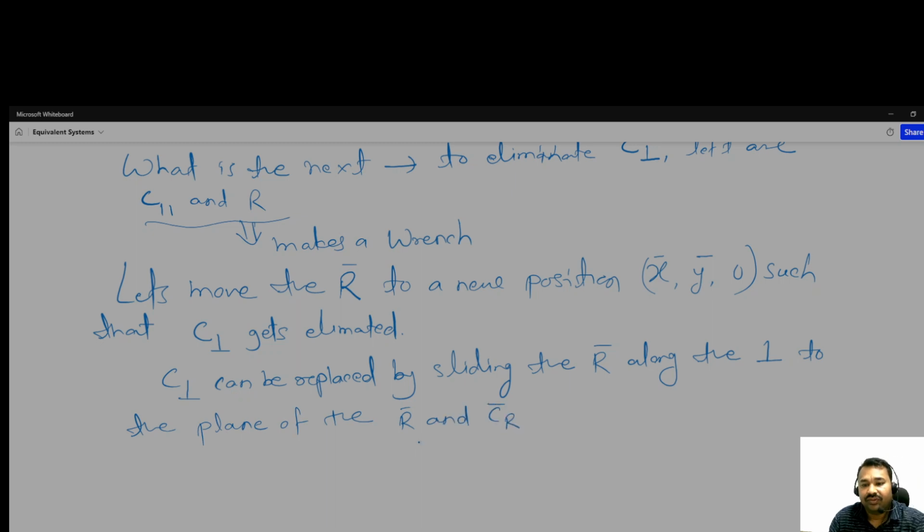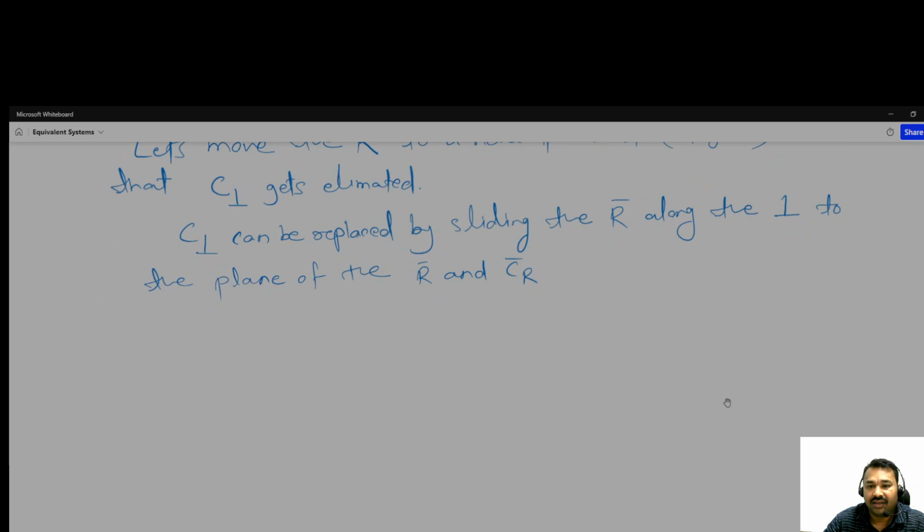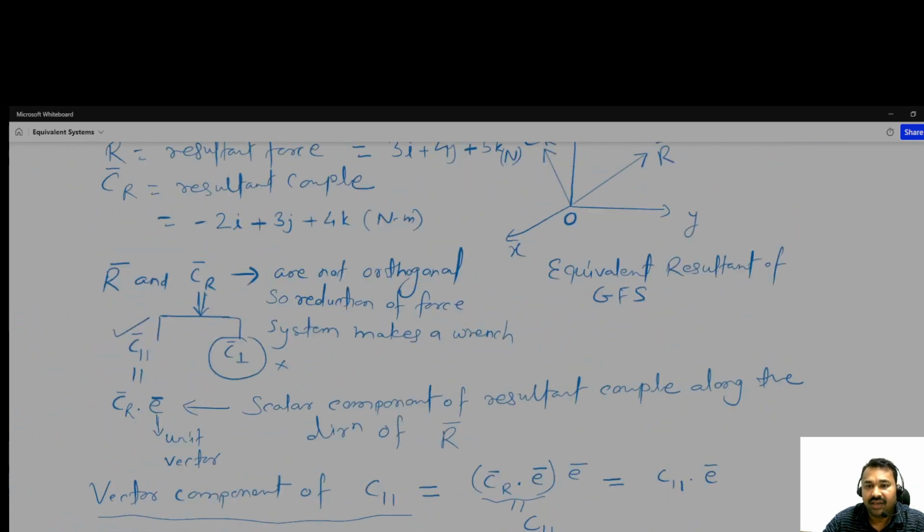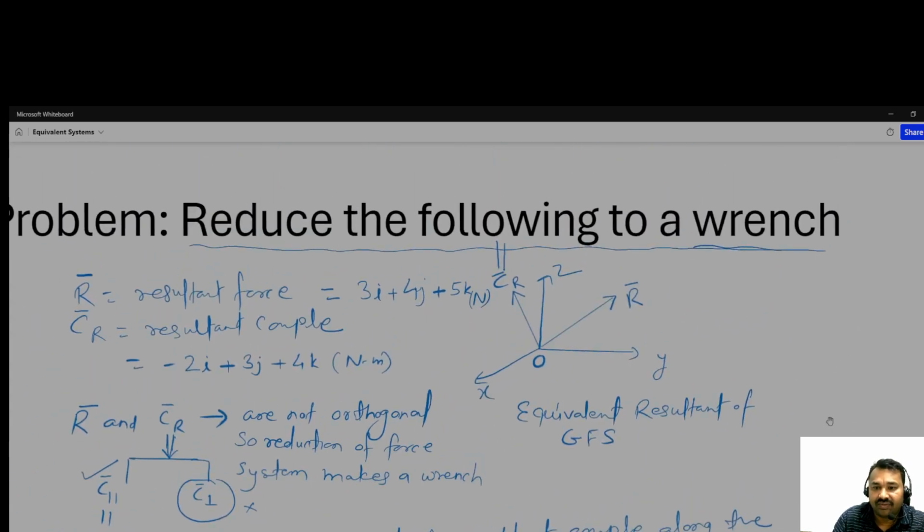We can refer to the figure here. So where will the perpendicular of R lie? R lies, we can see, in the Y and Z plane. So what will be the perpendicular?